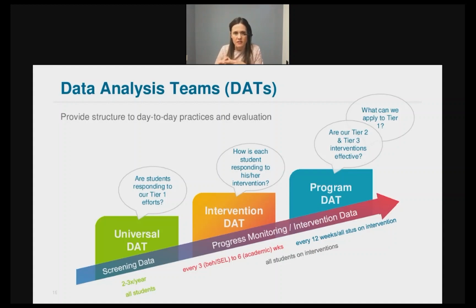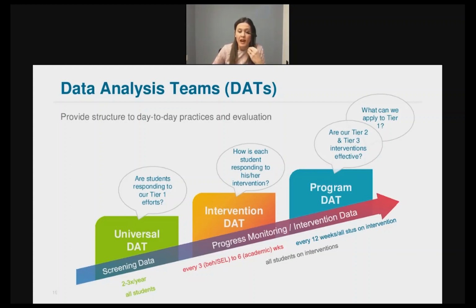A data analysis team is a group of people who meet for different reasons throughout the year. So what you're seeing here is we have our screening data. With our screening data, there's a team that spends time to actually look at that data 2 to 3 times a year to evaluate the effectiveness of what we're doing for all students.